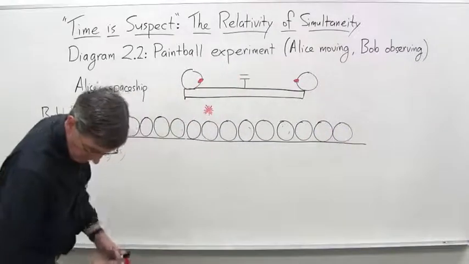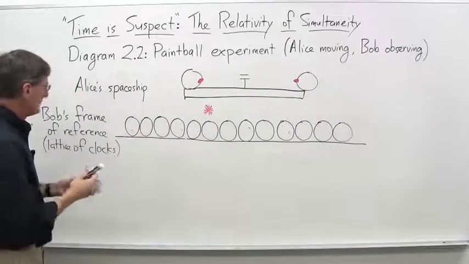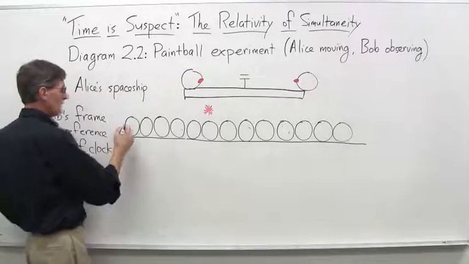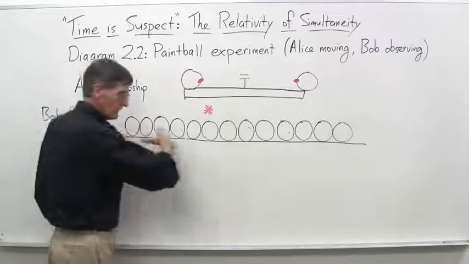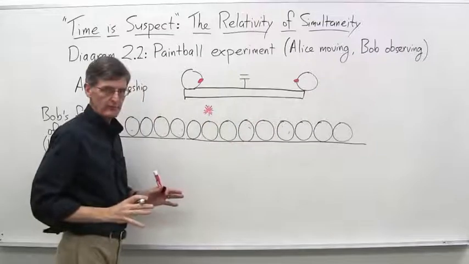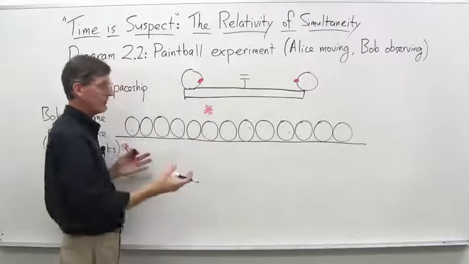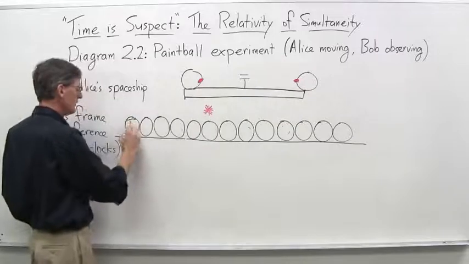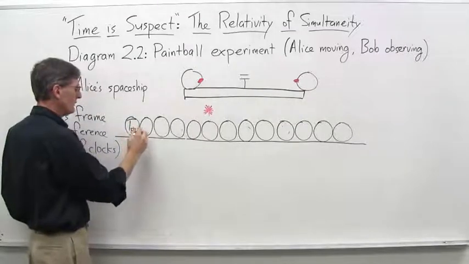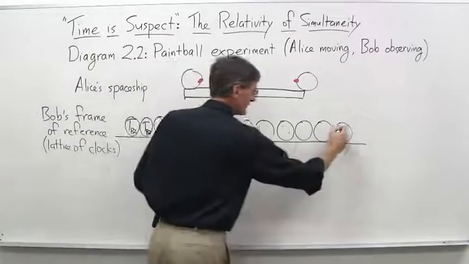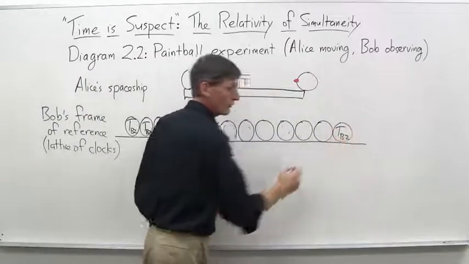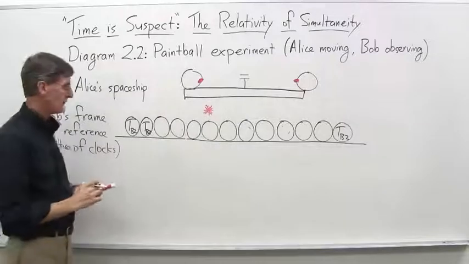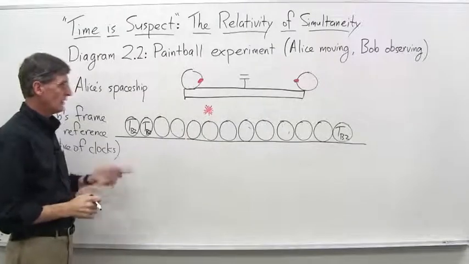So we'll put this in the intermediate position. When they were in transit, that might have been TB1. Now when they've hit, we'll call that TB2. So all Bob's clocks will read TB2. We won't write all of them in there, but they all read the same thing because, of course, Bob's clocks are synchronized as far as he's concerned.